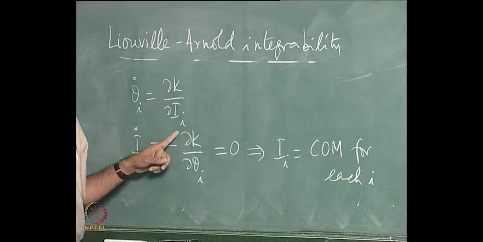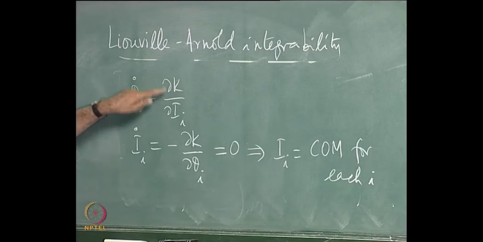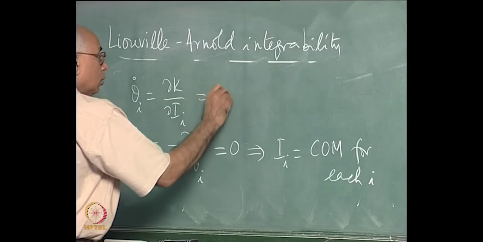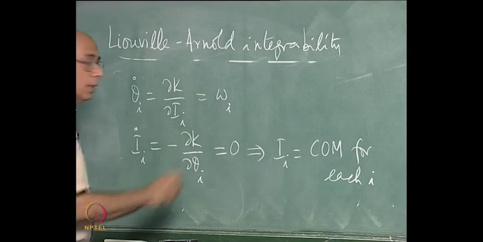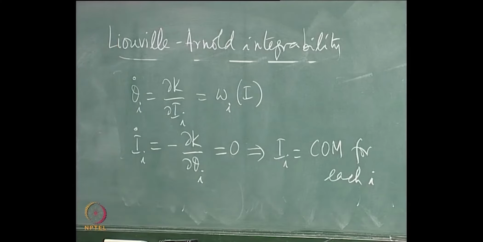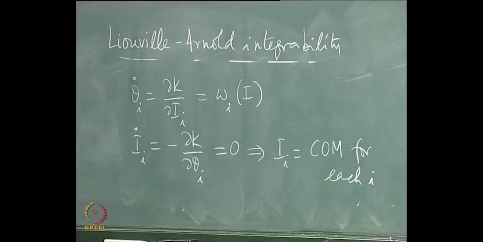Once this is so, K is a function of all the action variables, and its partial derivative with respect to any one of them is also some function, let me call it omega sub i, of all the action variables, which I collectively write as I, because this is a function of I alone.